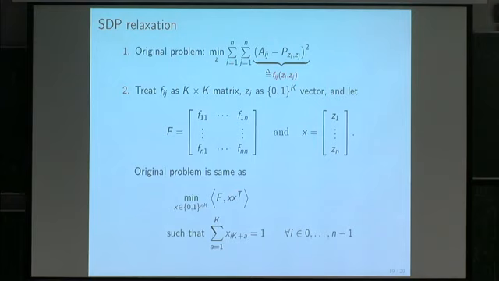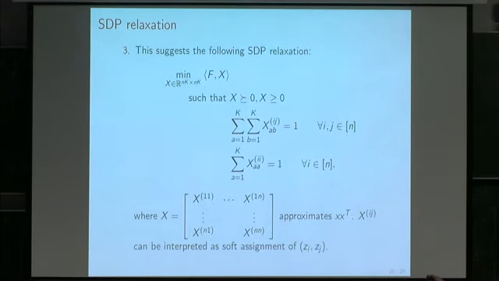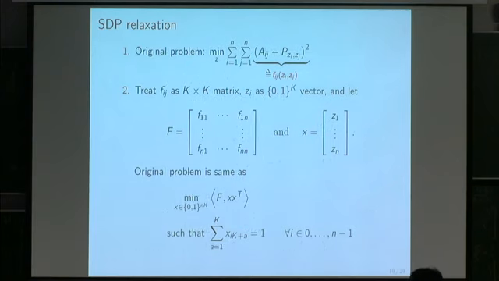So you can express the original problem as something that almost looks like a semi-definite program. Then we do the semi-definite relaxation and relax xx transpose to just be some positive semi-definite matrix. It also has to be non-negative because it's the product of these binary variables. Then we add linear constraints that capture the same thing as saying the sum for each of these subvectors has to be 1.